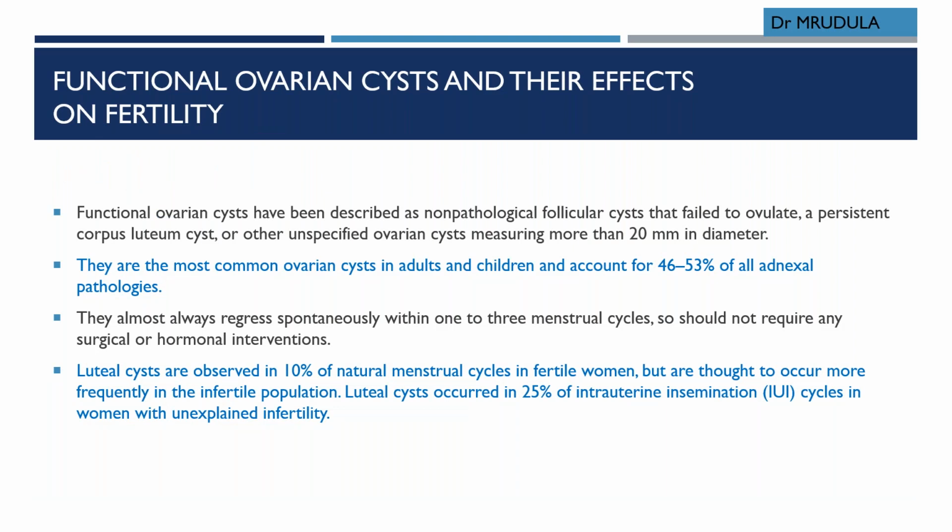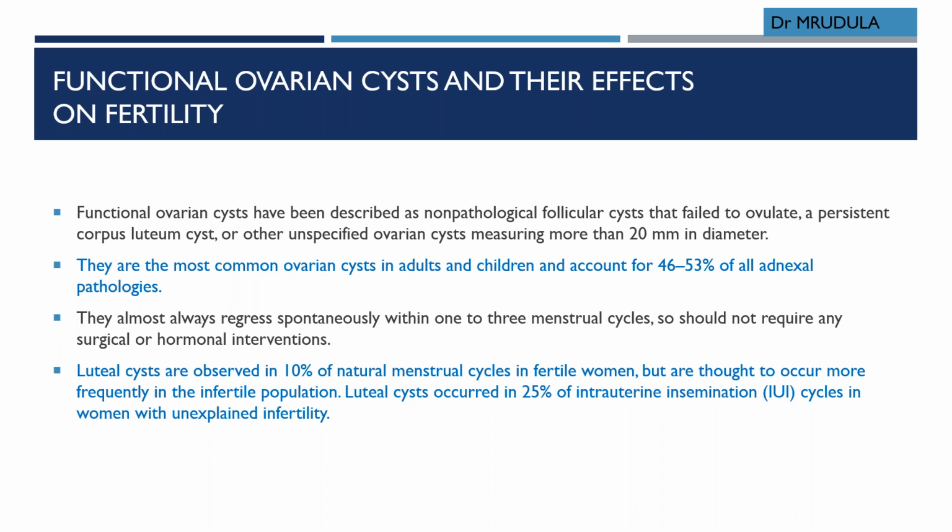So first, the most common ovarian cyst, that is the functional ovarian cyst, and its effects on fertility. Functional ovarian cysts, as you all know, are non-pathological follicular cysts that fail to ovulate, or persistent corpus luteum cysts, or other unspecified ovarian cysts which are more than 20 millimeter in diameter.